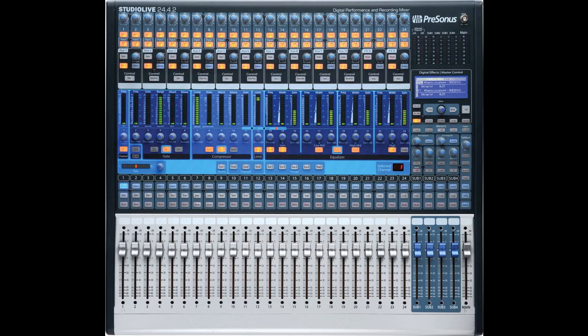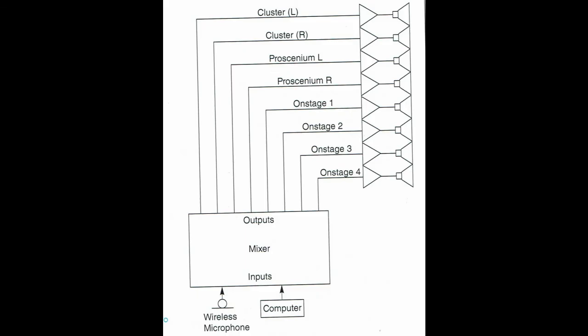Moving on to mixers then, they basically serve two main purposes in a sound system, either signal routing and processing. The process is best described by this example that we have here. It basically shows a mixer's input and then output channels for a hypothetical.